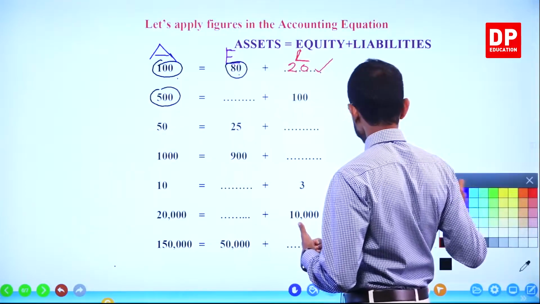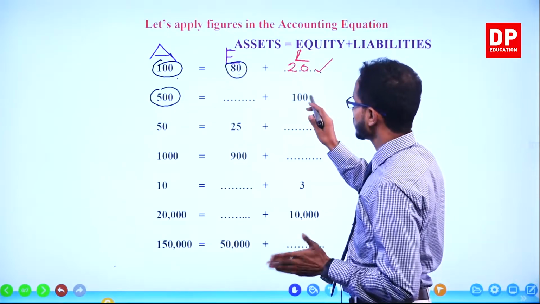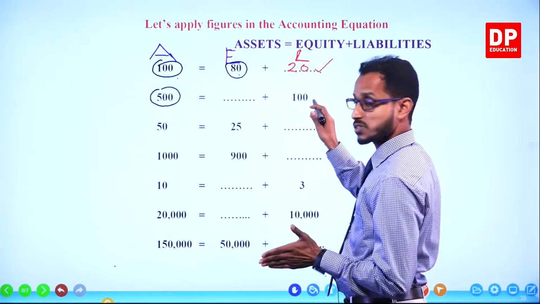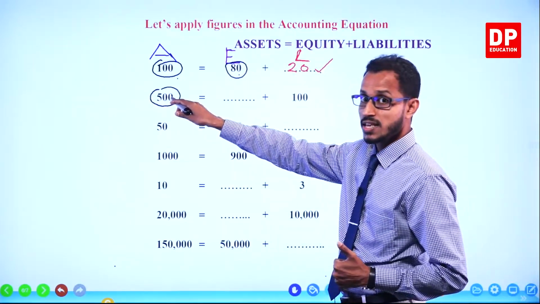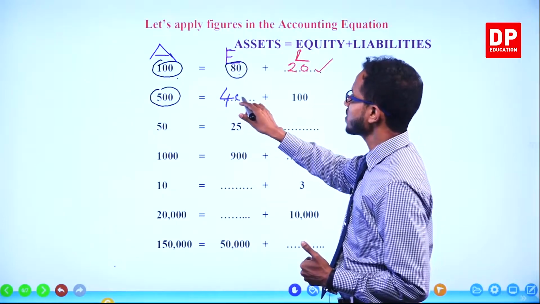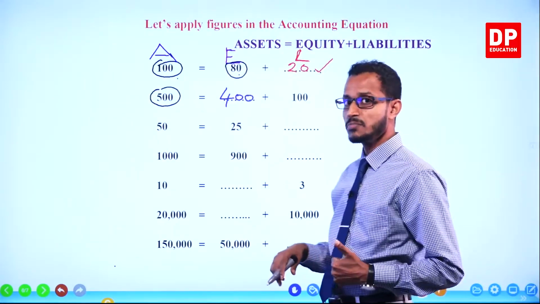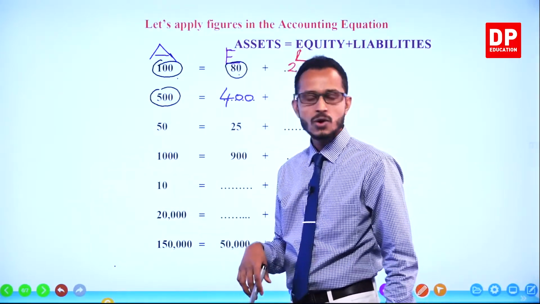If liabilities are 100, only 100 worth of assets or resources are borrowed, but 500 total assets are there, 400 must have been invested by the owner.